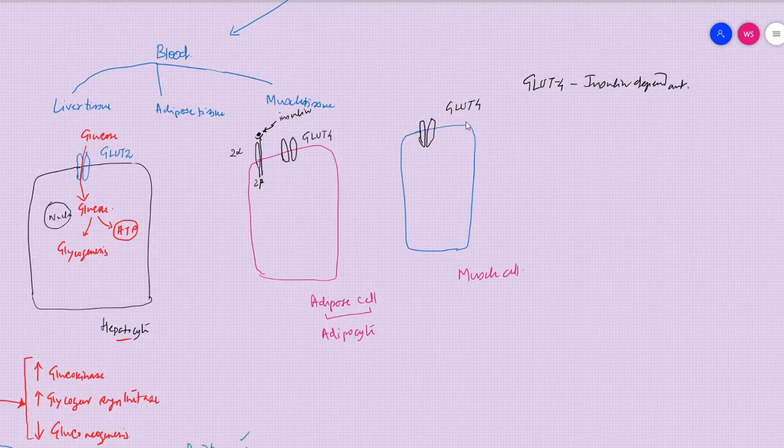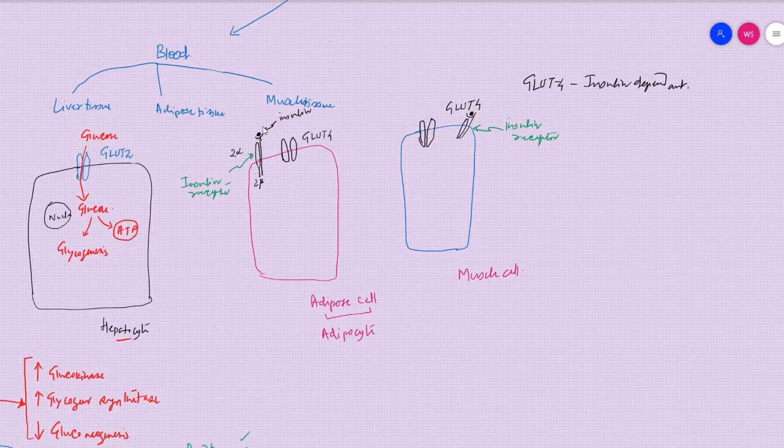Okay, so similarly here, there is an insulin receptor. And let's label this up. This is an insulin receptor. Okay, so through the blood, insulin comes into the adipose tissue.